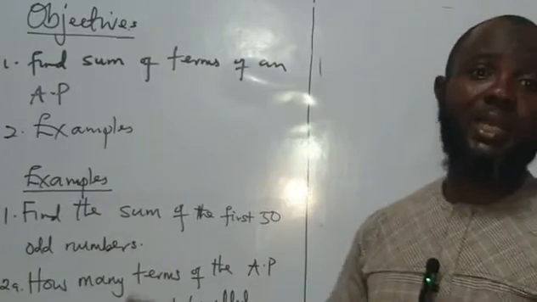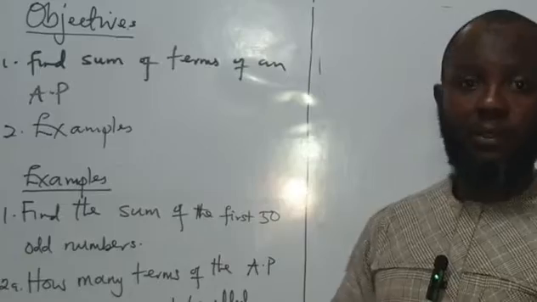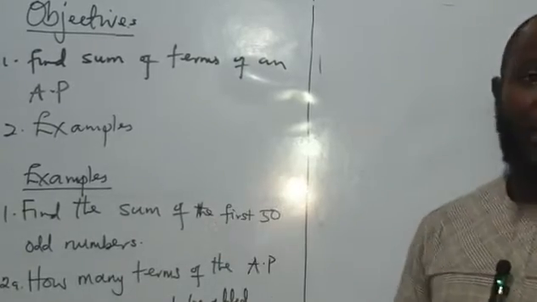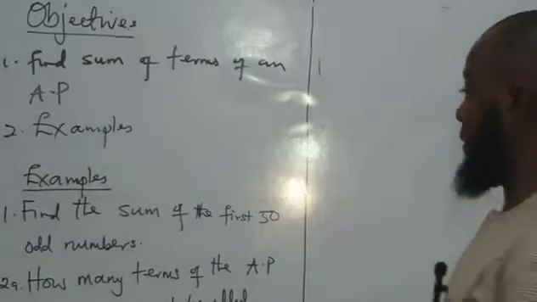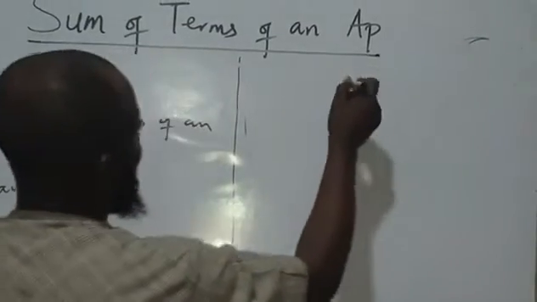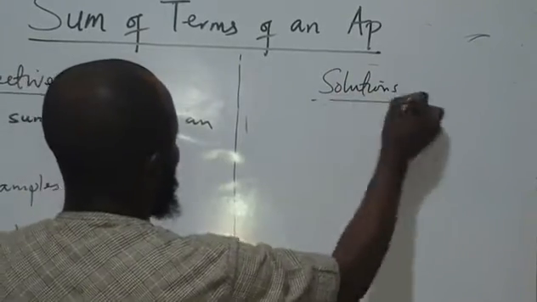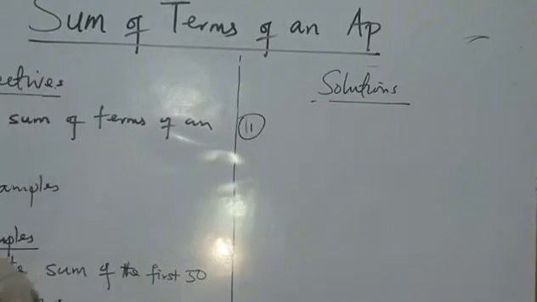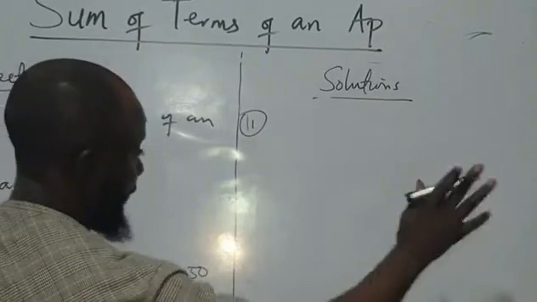If we are to list out the odd numbers, it will take us some minutes to finish, right? So let's see if we can use the formula method. Solution to number 1. Let's list the first odd numbers.